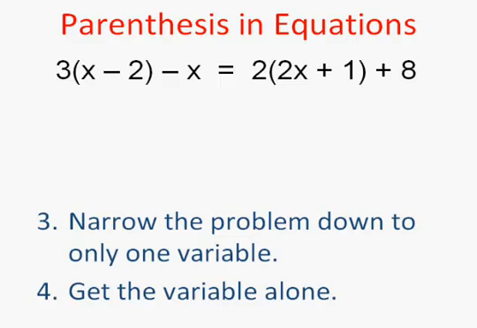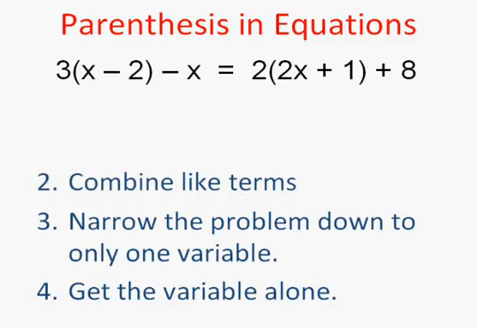That way you won't have any negatives. Now, if there's a bunch of variables, it's going to behoove us to combine like terms so that we only have to get rid of one of them. So we'll combine them before we try to narrow the problem down to only one variable.